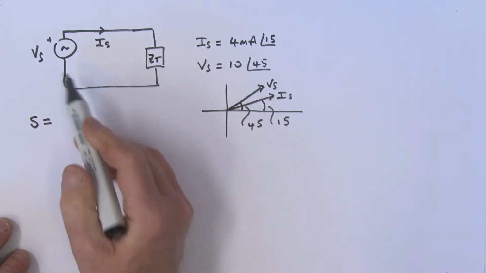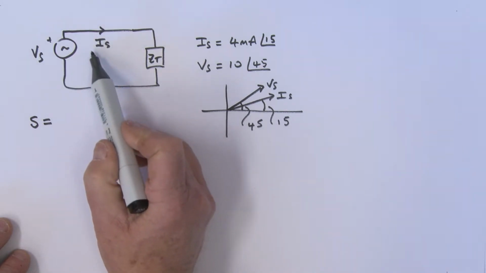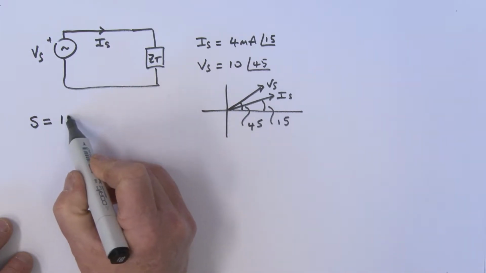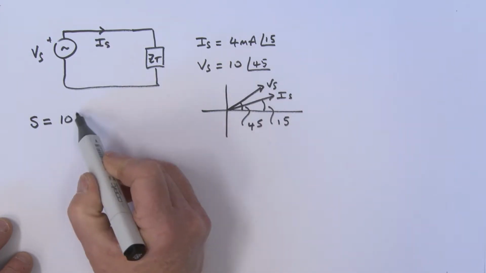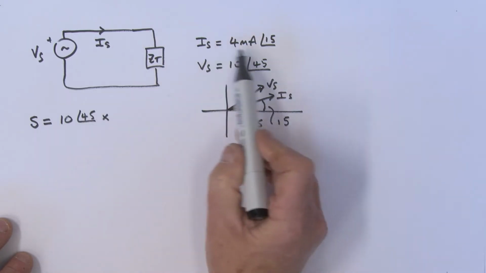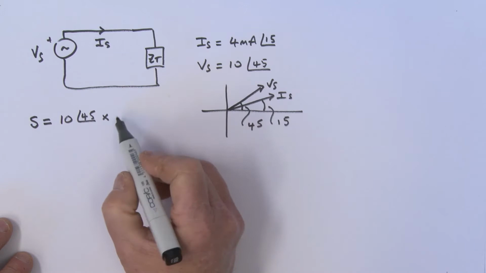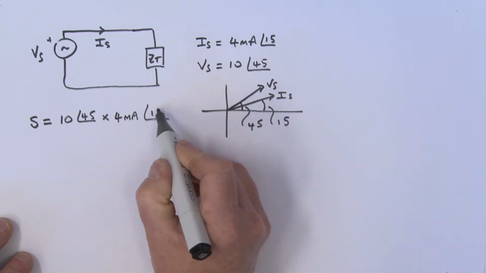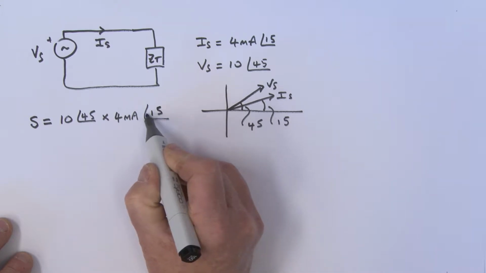Let's go ahead and calculate the apparent power S. That is equal to Vs times the complex conjugate of Is. So that is 10, angle 45, multiplied by the complex conjugate of Is, which is 4 milliamps, and my angle over here is 15, but it's a minus 15.